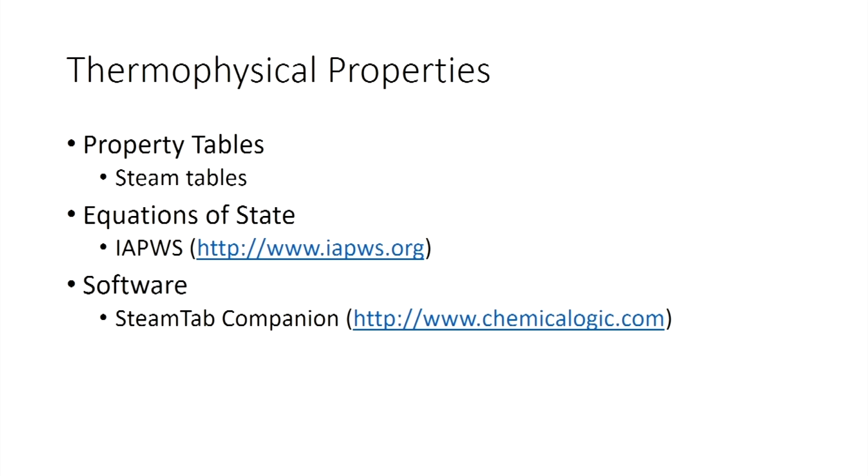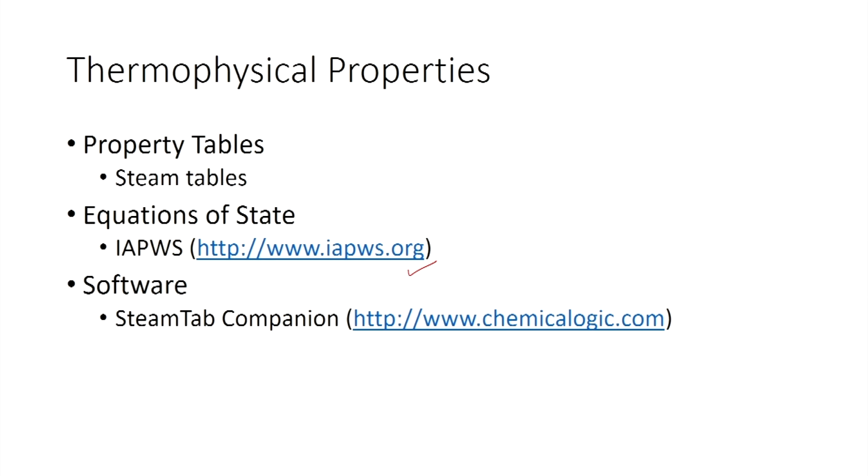So, there are property tables available for various fluids. Here we will consider the properties of steam water mixture. So, properties of steam water mixture can be obtained from steam tables, and there are equations of state. For water and steam, there is an international association for properties of water and steam, and its website is this.